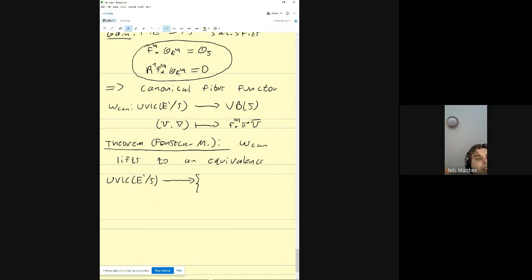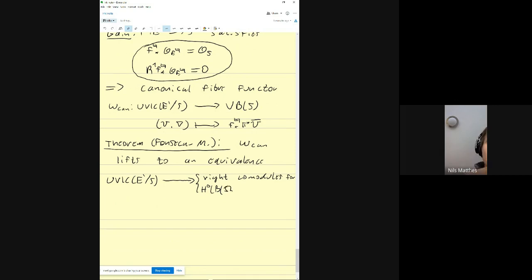Again, the connection part is going to be encoded by a co-algebra, by a co-module structure. So it's going to be right co-modules for, well, this is going to be a bit of a mouthful, so I'll just write it out before I tell you what it is.